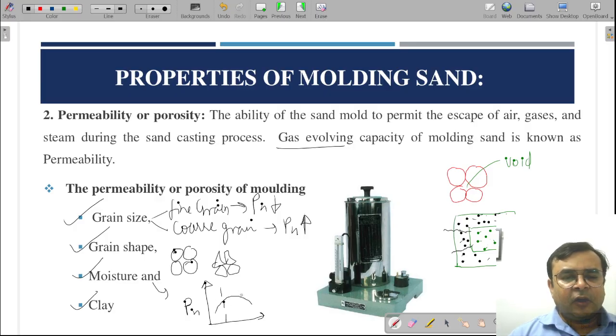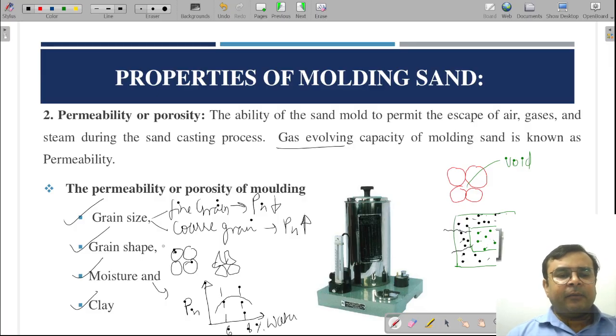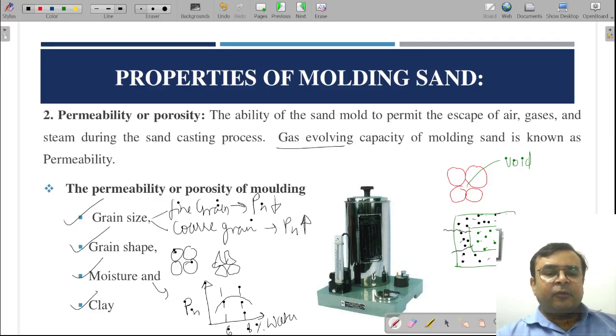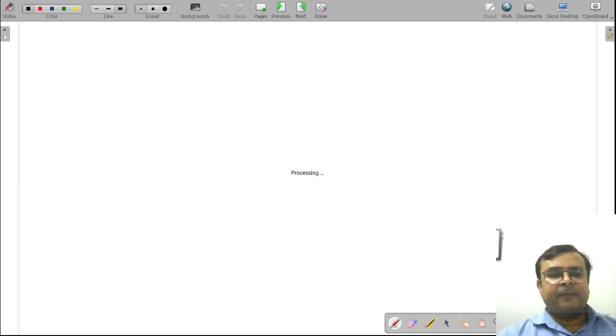The ideal range of moisture addition is 6 to 8%. If you add around 6 to 8%, you will get better permeability; if you add more than this, you will get poor permeability, and even less than this, again you will get lower permeability. And of course, it depends upon the clay.